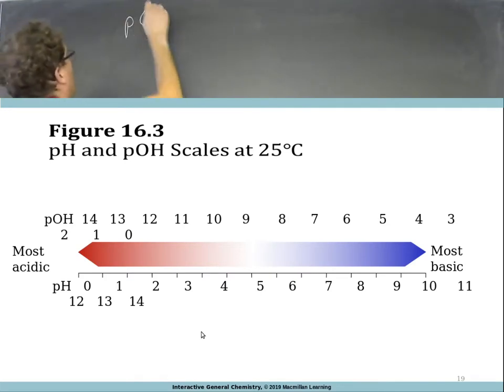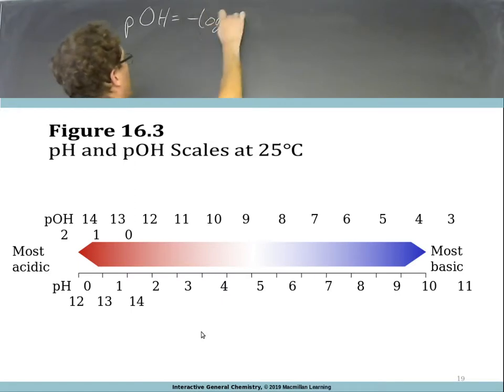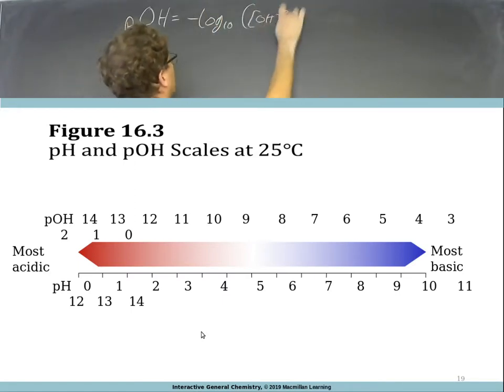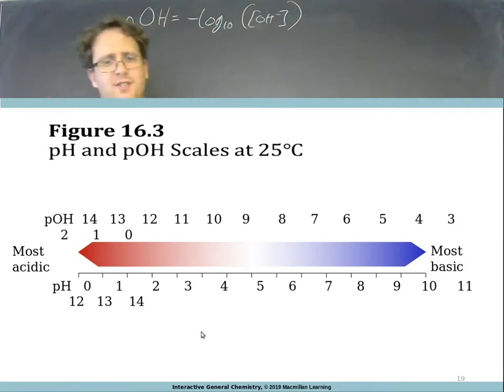The pOH is the negative base 10 log of the OH minus concentration. And you can see they have this relationship.